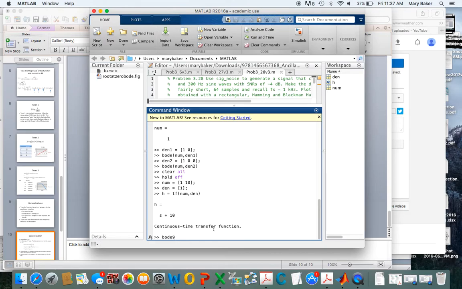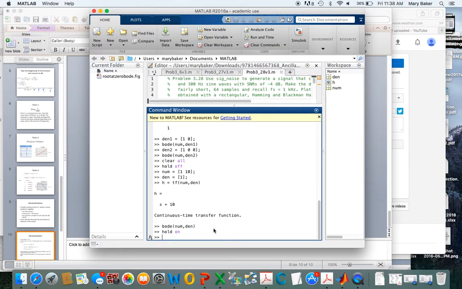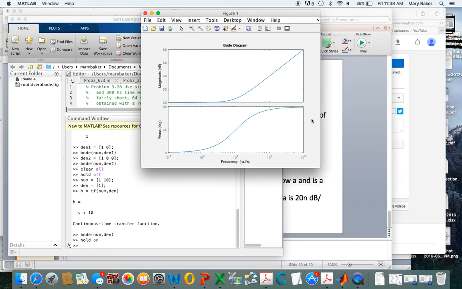Let me be sure I get the right syntax. And now we will hold on to this plot. We're actually getting both the phase and magnitude plot. For now, I just want to look at the magnitude plot, which is the one on the top.